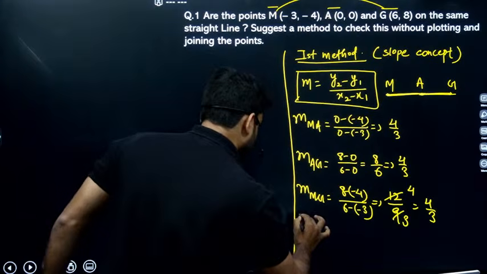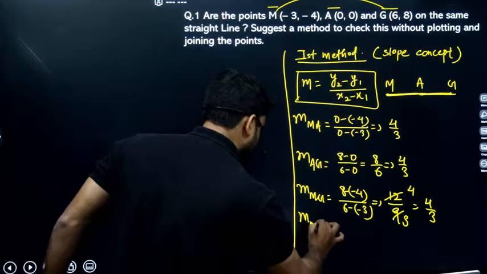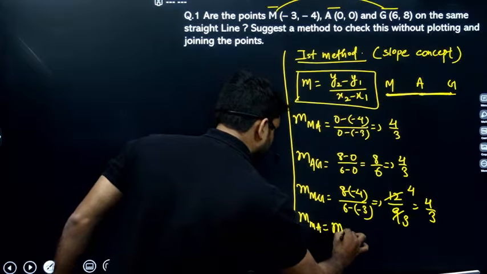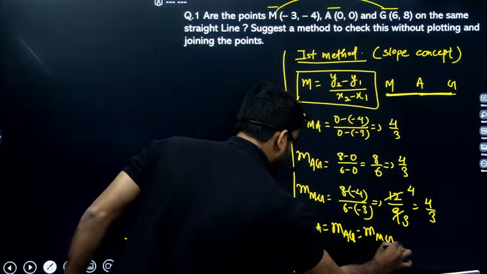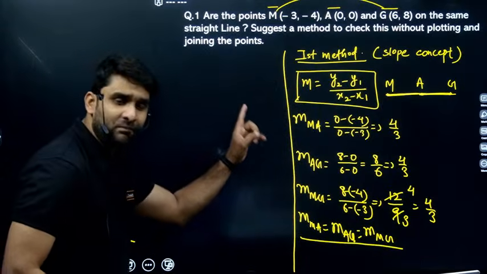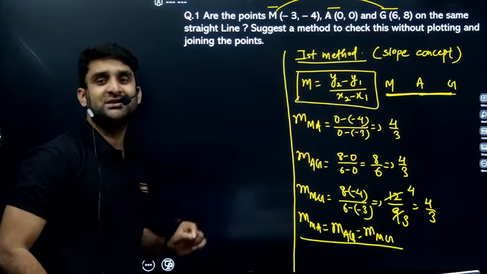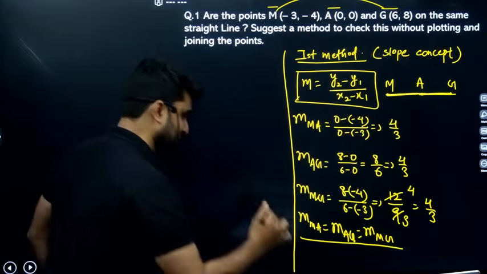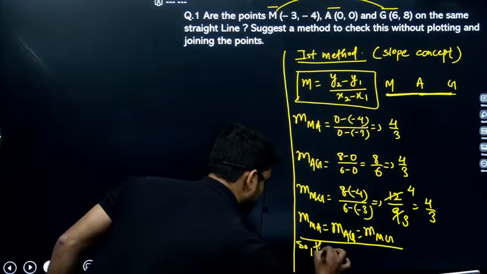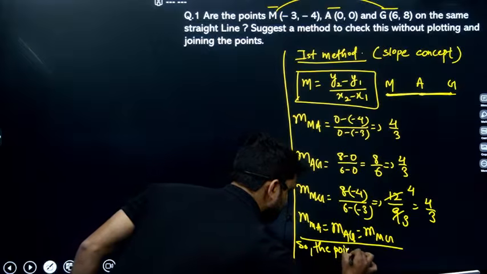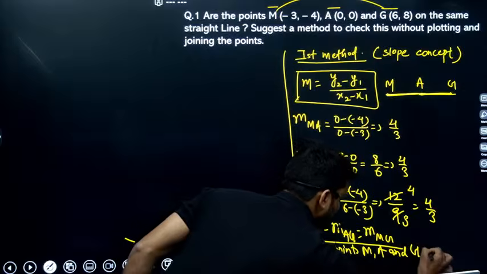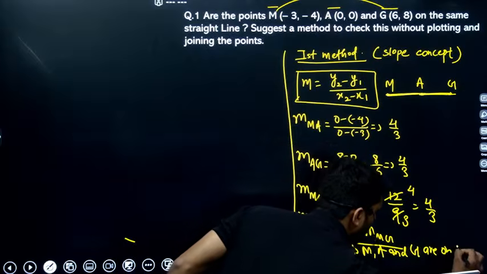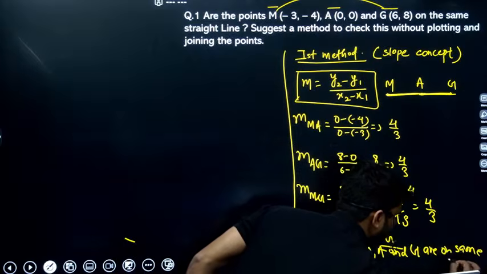So the slope between MA and the slope between AG is equal to the slope between MG. It indicates that points M, A, and G are on the same straight line.